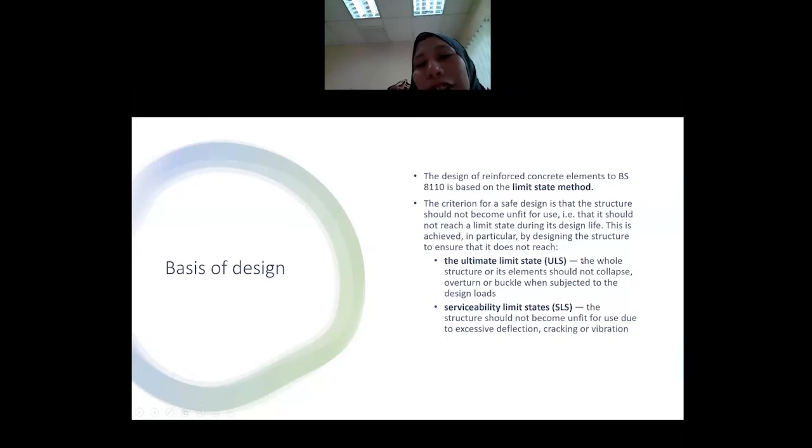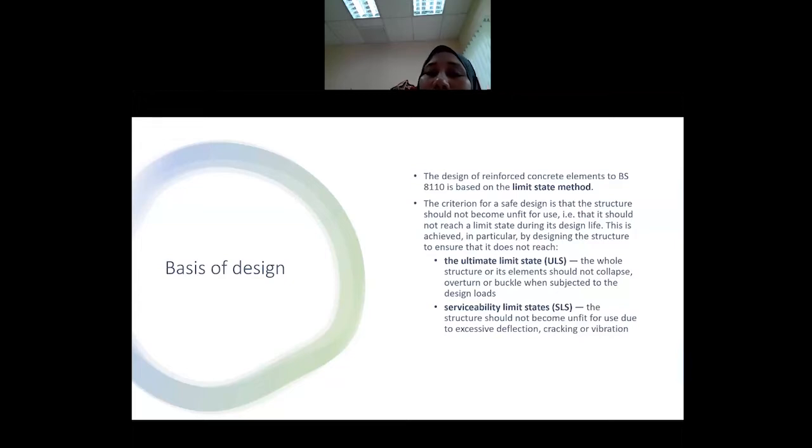So we have here the ultimate limit state and also the serviceability limit state. ULS refers to the whole structure or its elements not collapsing, overturning or buckling when subjected to design load.